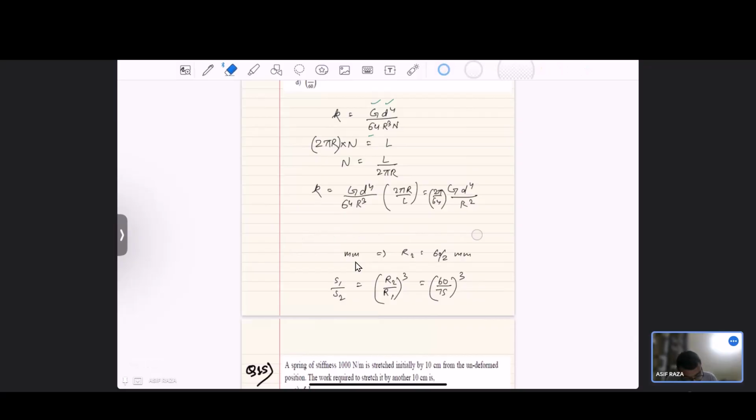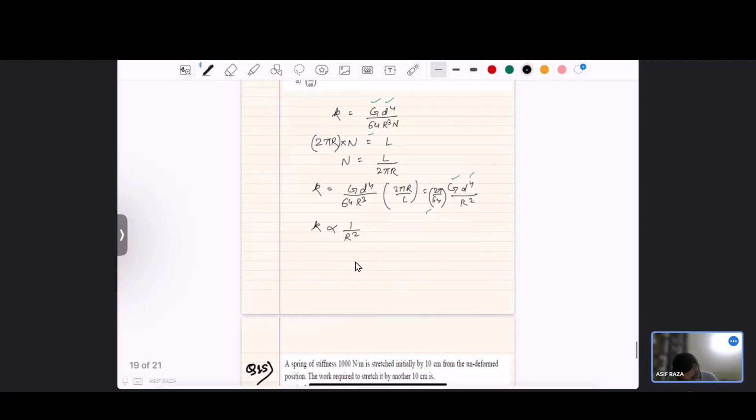Now in this case, these are the same, this is also the same, and r changes, so k is inversely proportional to r square.